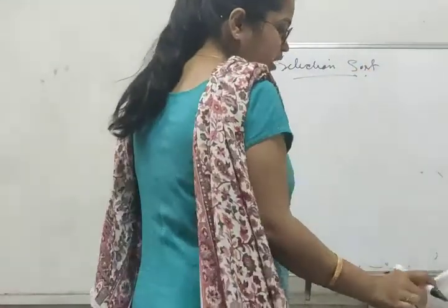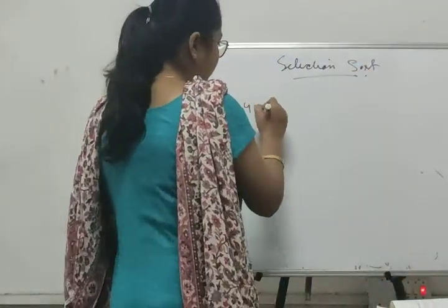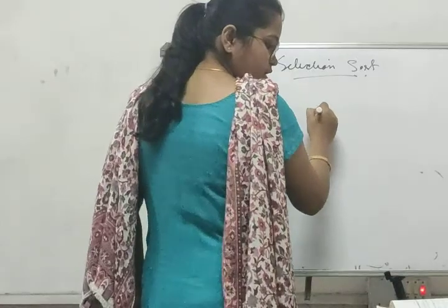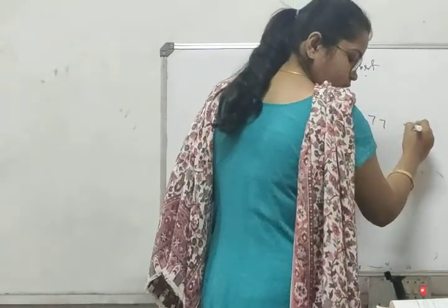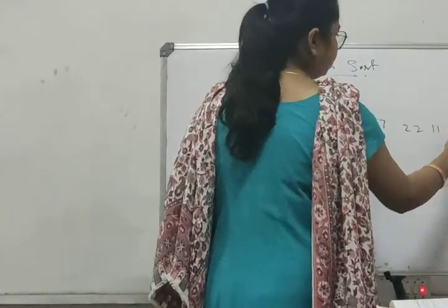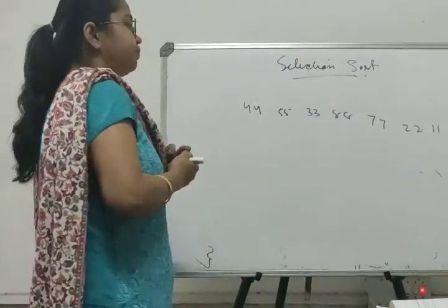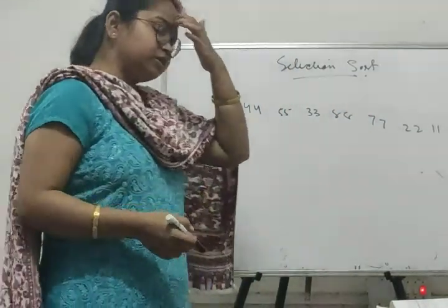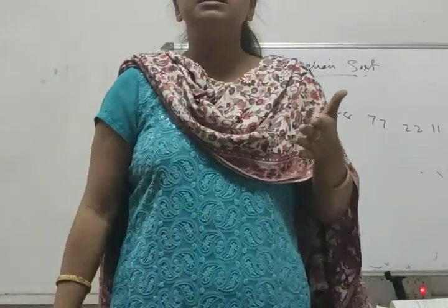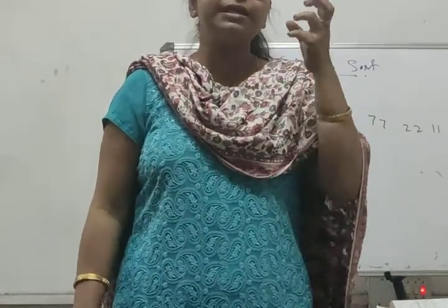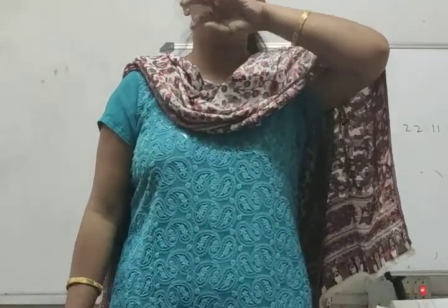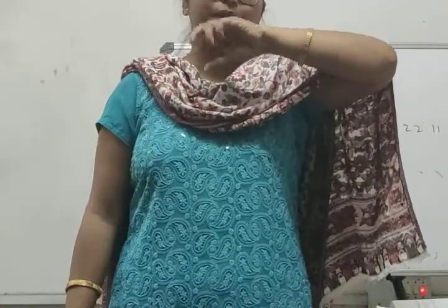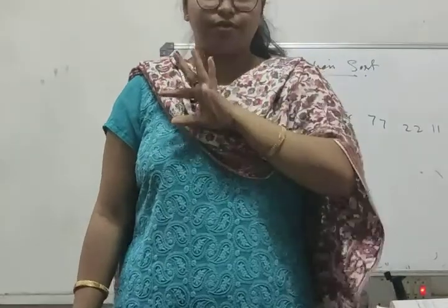Taking the same example as the same code: 44, 55, 33, 88, 77, 22, 11, 6, 66. Now, what selection sort does is try to select the highest element and put it in its original position by exchanging with the element.